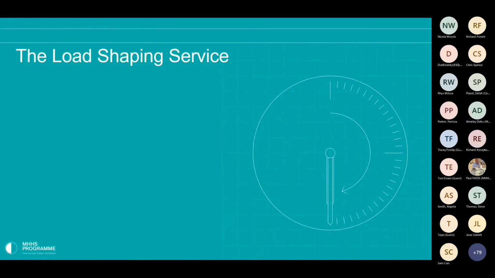Okay, moving on to the load shaping service. Load shaping is the process under market-wide half-hourly settlement that is effectively replacing the profiling arrangements. It's the data that you use if you can't get hold of the actual half-hourly data, and it allows you to divide other consumptions, such as meter advances or daily consumptions retrieved from the meter, into half-hourly periods.